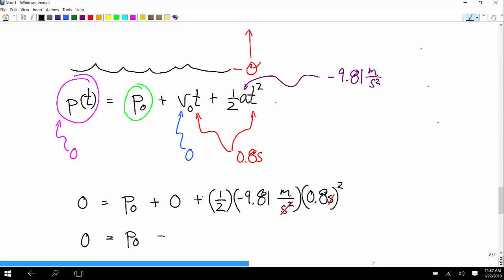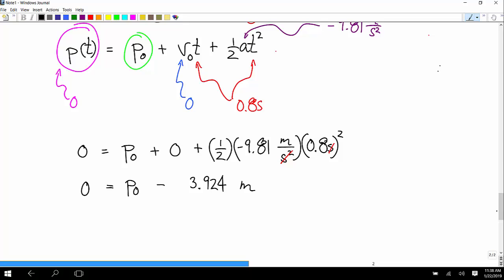Just that third term. 3.924. Anybody have confirmation on that? And the units, all we're left with is the meters. Okay, so P sub 0 is equal to about 3.14 meters.